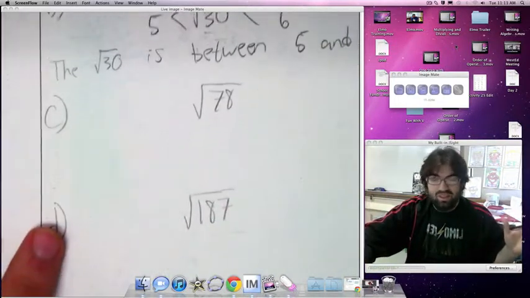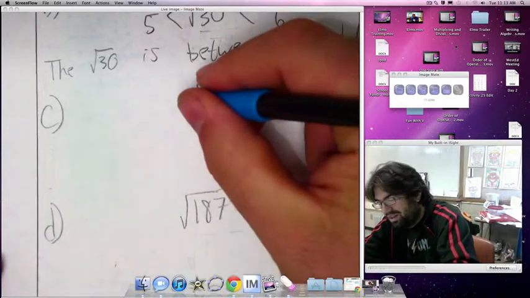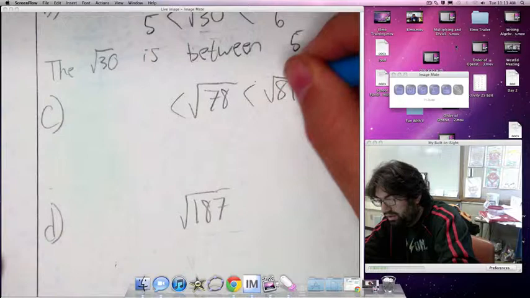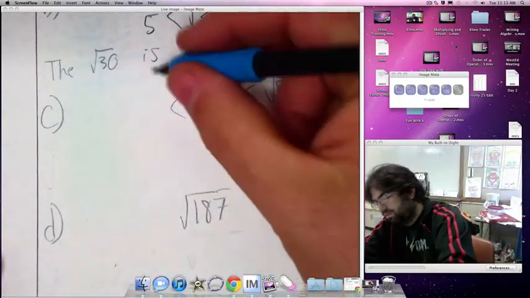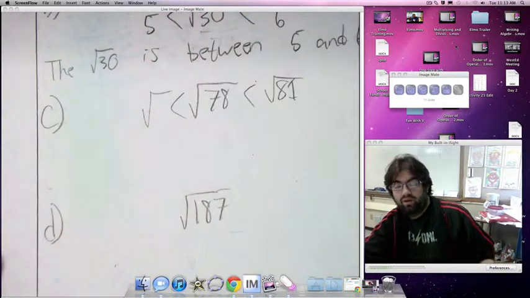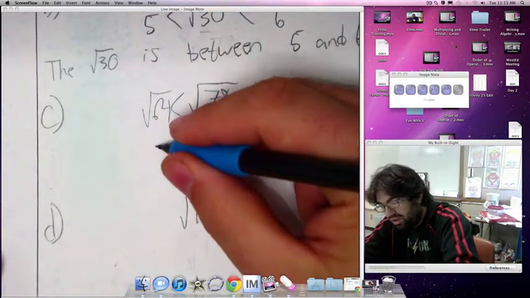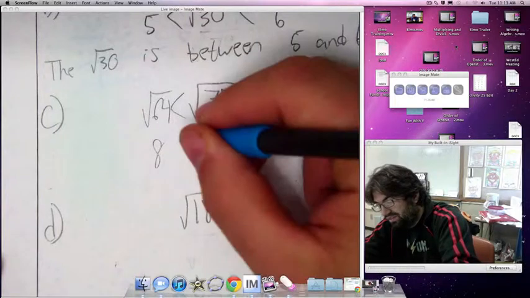It's pretty brainless, right? Like, here we go, 78. That's really close to 81. What's right below 81? Well, that's 9 squared. 8 squared would be 64, right? So hey, look, there's 8, there's 9.